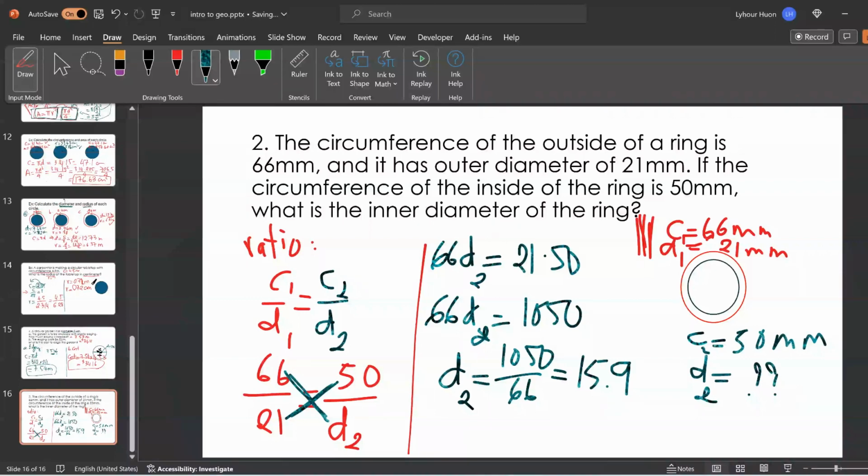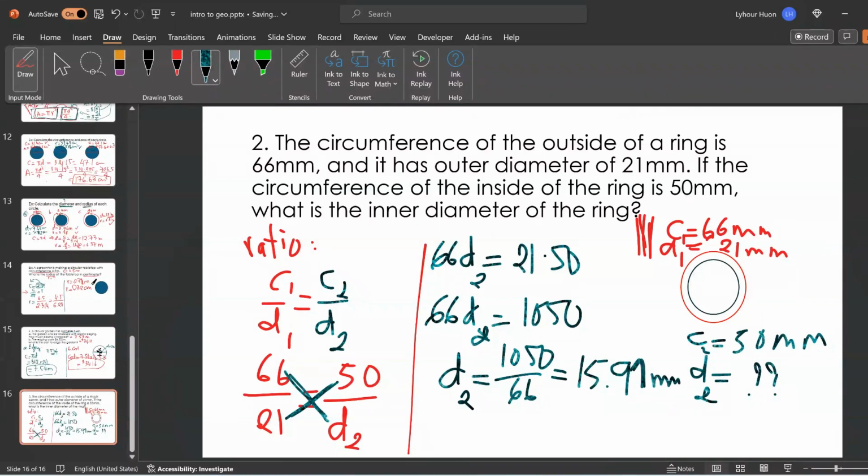If we take 15.909 with only two digits, don't forget that the nine will be rounded up. We take only two digits, so we omit this one, but when we omit it, it needs to be rounded up. Ah, yeah, I get it now. So this will be 15.91 millimeters.